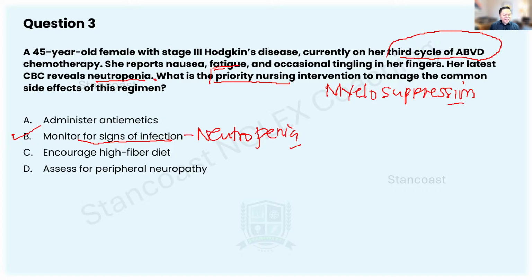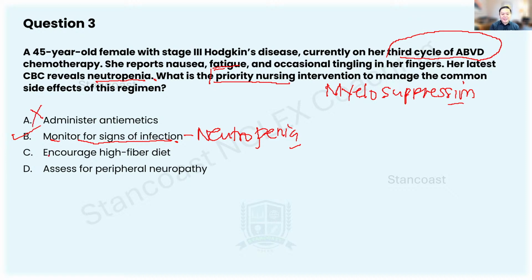If you had answered letter A, administer antiemetics, I know chemotherapy can lead to nausea and vomiting, but it is not as life-threatening compared to the infection. So we're going to have to prioritize letter B. What about letter C? Encourage high-fiber diet.